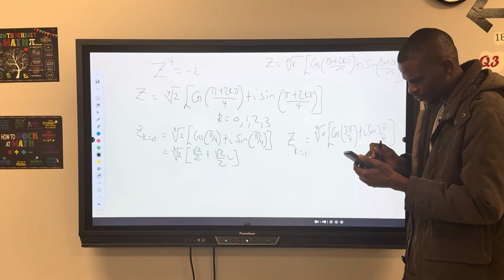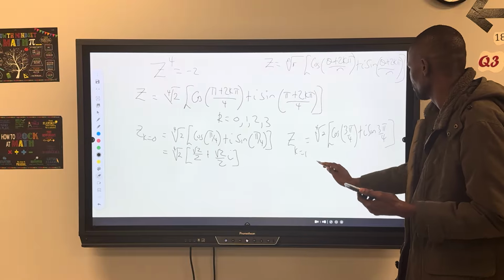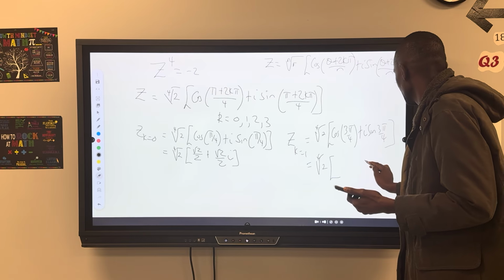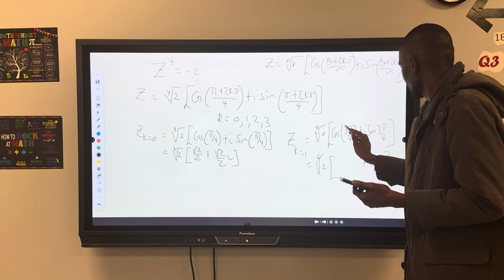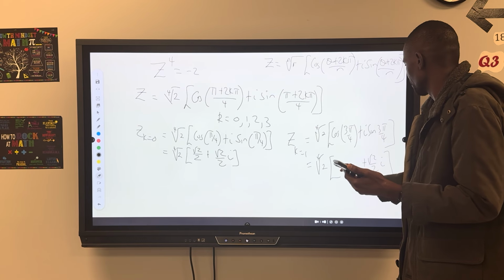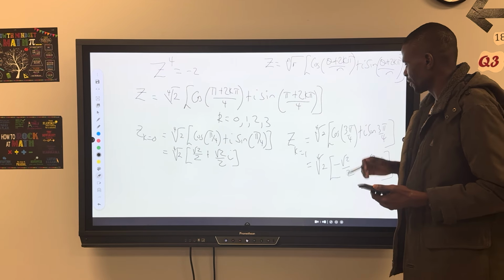For sine it's root 2 over 2, so it's 4th root of 2 times plus root 2 over 2 i. What about for cos? It's negative, so negative root 2 over 2. Right, so we are done with this one.